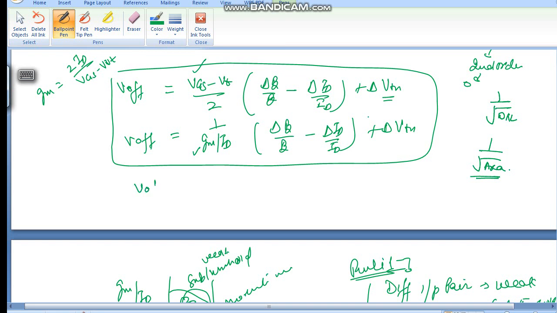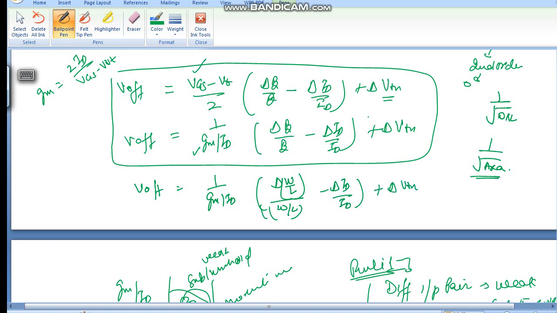You can also write V offset is 1 by GM by ID, times delta W by L, for NMOS, minus delta ID by ID plus delta VTN.